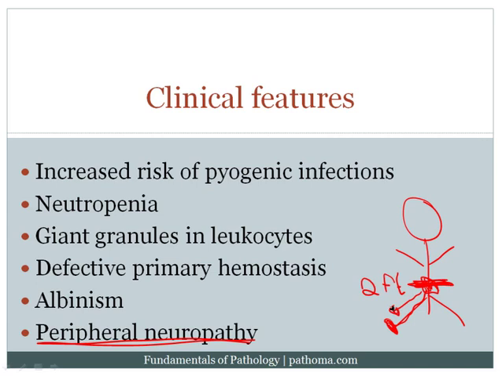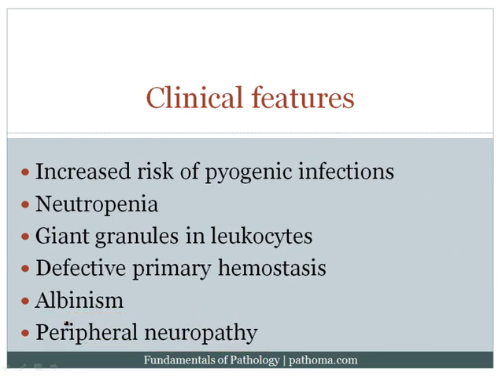And so if patients have a railroad defect or a protein trafficking defect, they can't really keep these peripheral nerves alive, and so they get something called a peripheral neuropathy. I've simplified it a bit, but it's good enough for general principles and creating global ideas within your mind. So, these are the key features of a disease called Chediak-Higashi syndrome, and it's something very high yield, something that we should be familiar with.